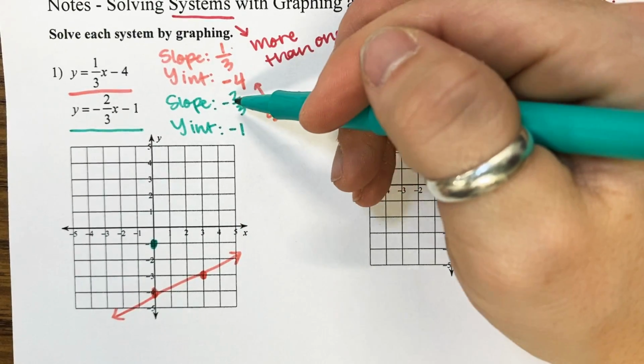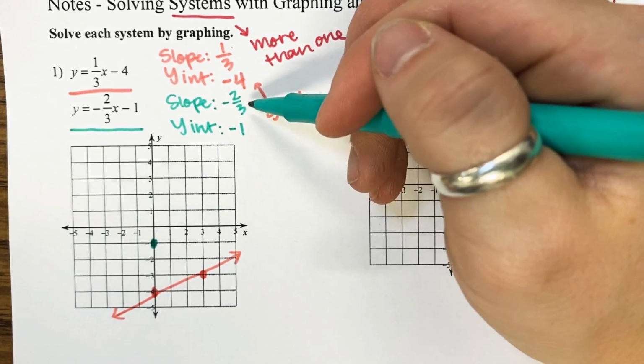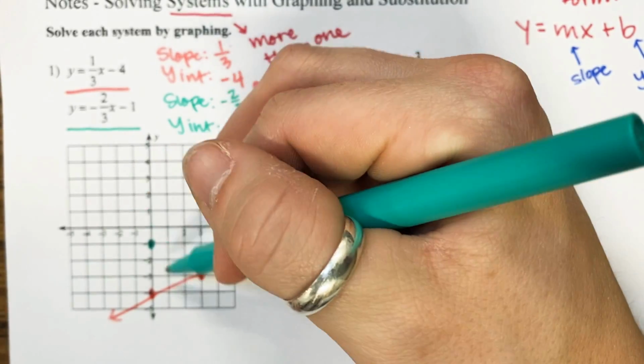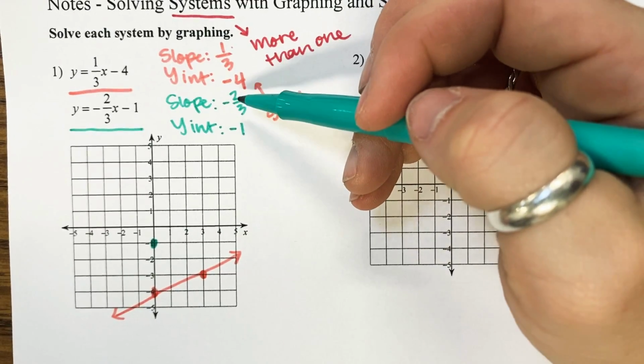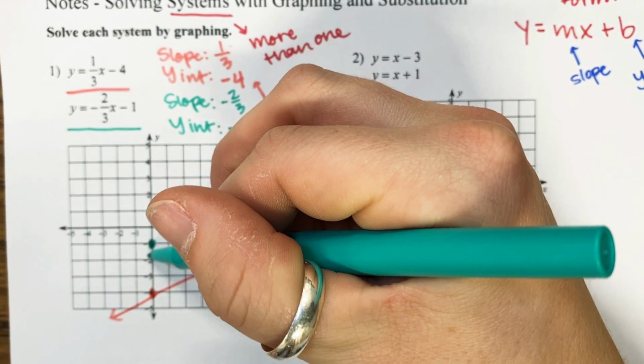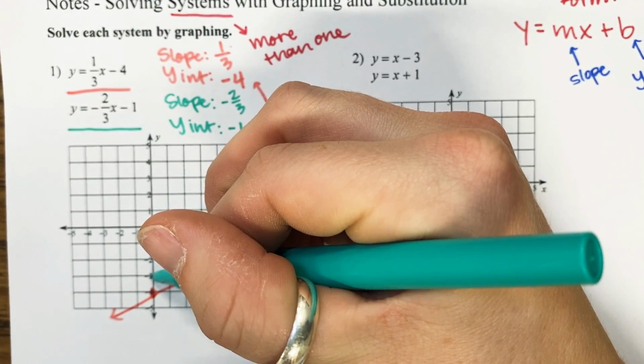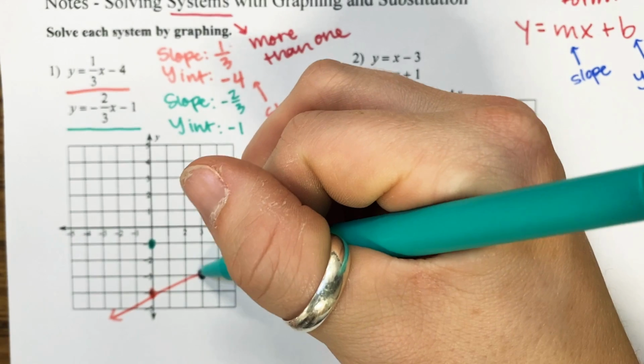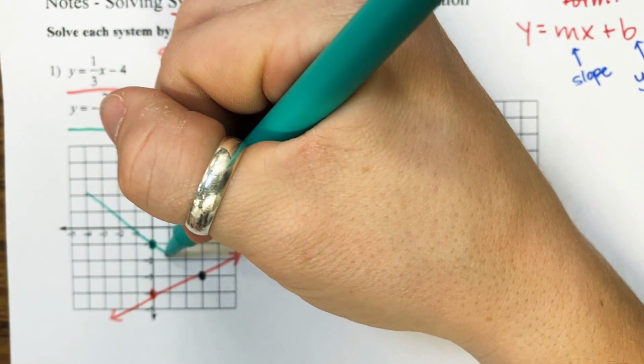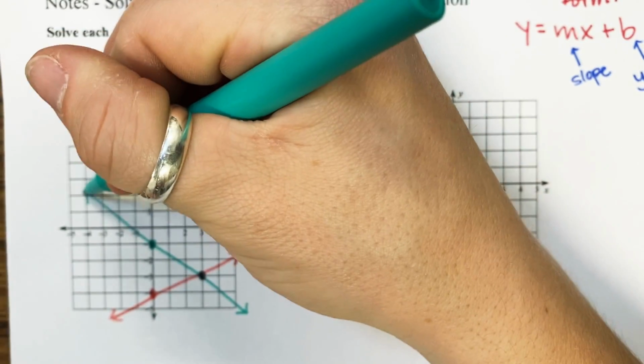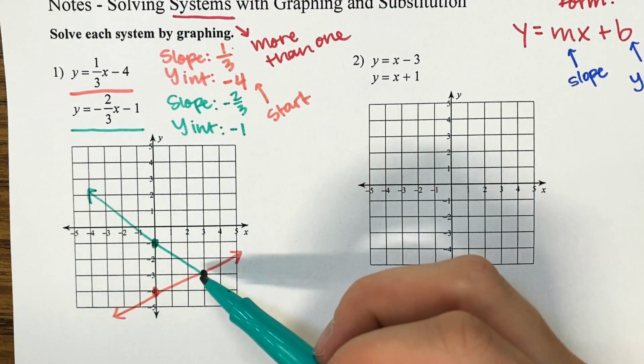And our slope is going to be -2 over 3. Okay, remember, a negative slope needs to go down to the right. So instead of going up 2, we're going to go down 2. 1, 2, and over 3. 1, 2, 3. And connect those 2 points because our whole goal was to find where these 2 lines cross.